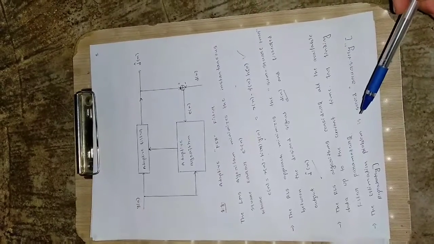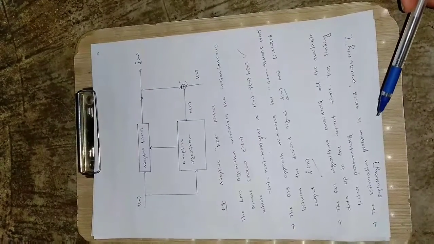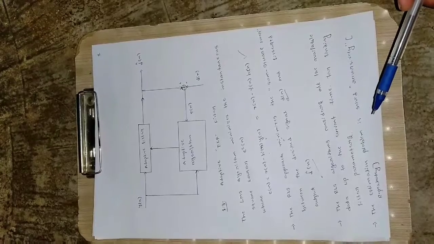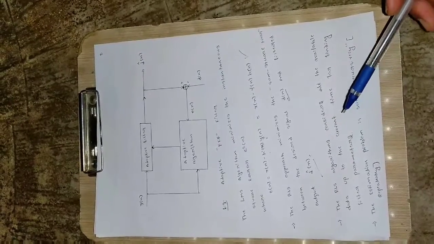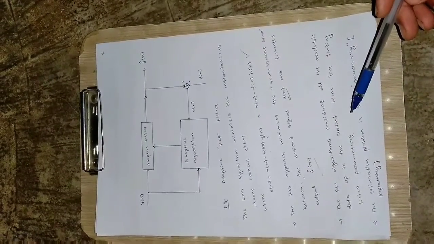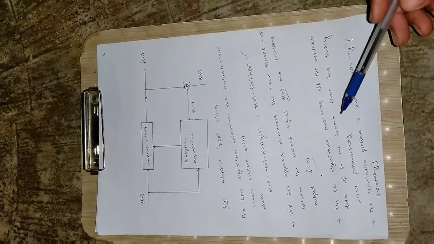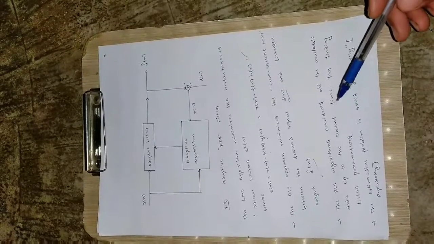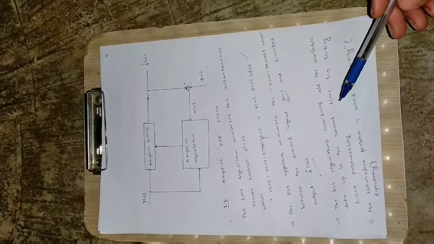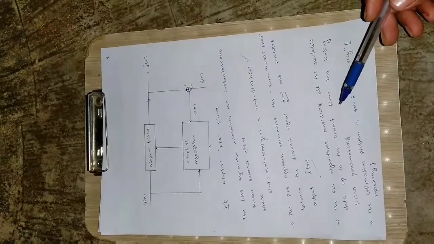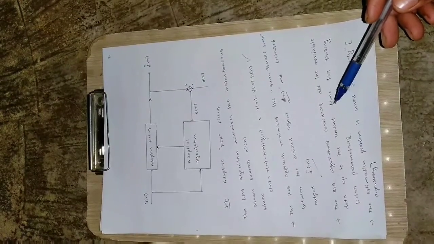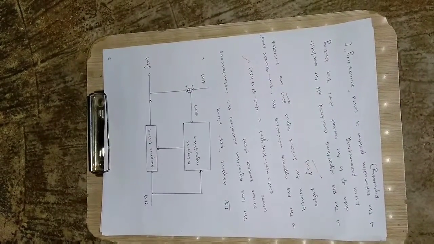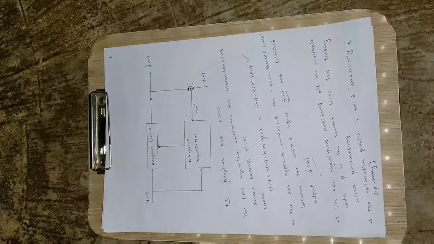The RLS algorithm considers all the available data up to the current time for finding the filter parameters. So whatever data is present up to the present time, at which instant we are trying to find the error, until that moment all the data is considered in the case of the RLS algorithm. So the estimation problem is solved recursively, that is, repeatedly.